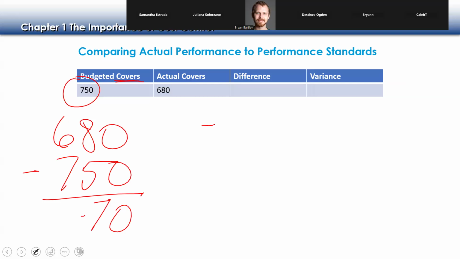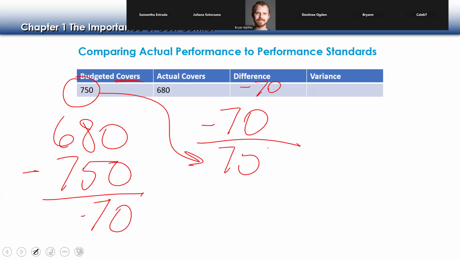And then we take that difference of negative 70 and we divide by our budget of 750. And I think it's 9.3. Okay. So 9.3%, and it's a negative, which means we didn't quite get as many guests as we thought we were going to.